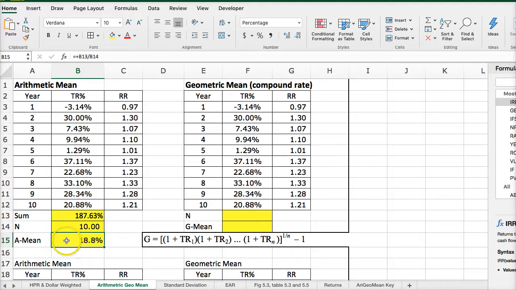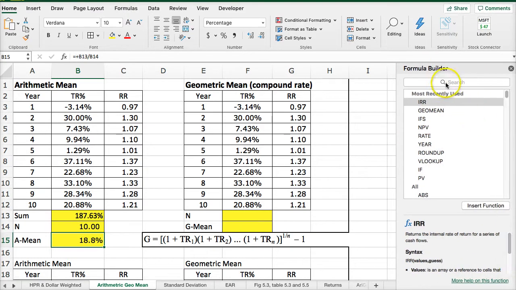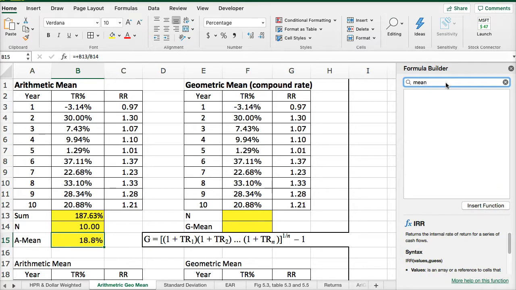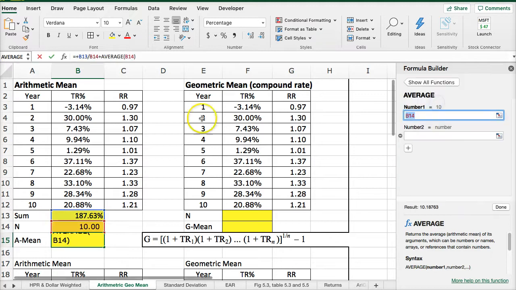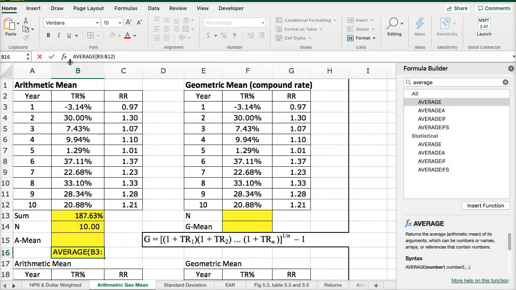Now you can also calculate this in Excel. So if we just type in average, and highlight all of these, we get the same result, but this is using the Excel function.